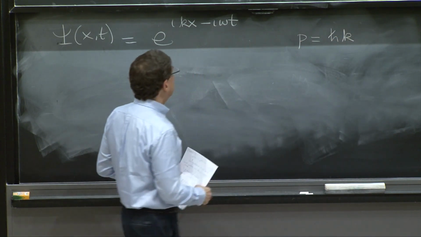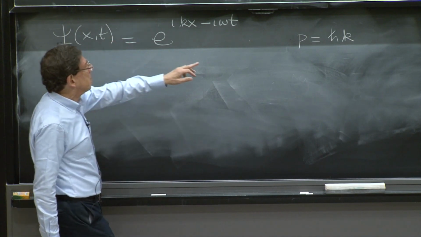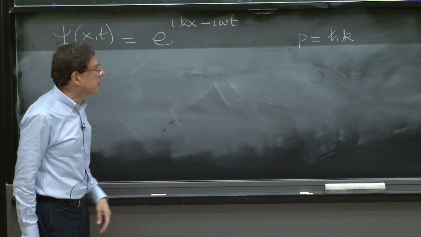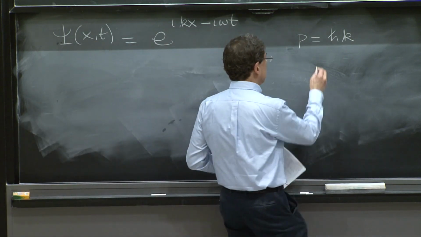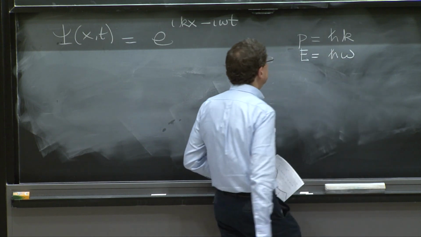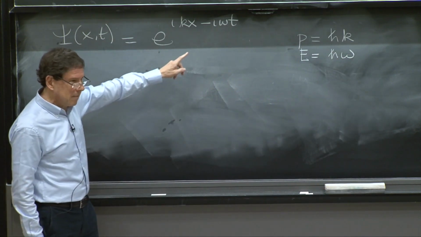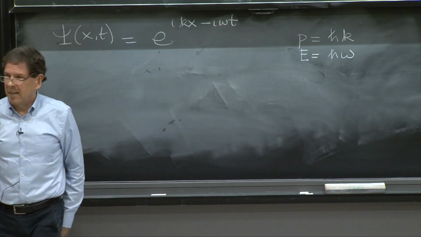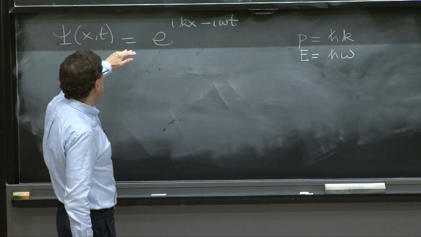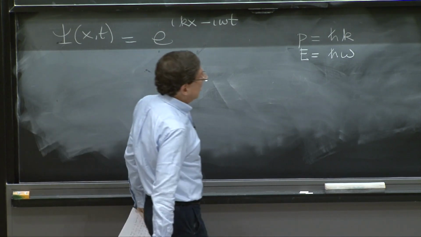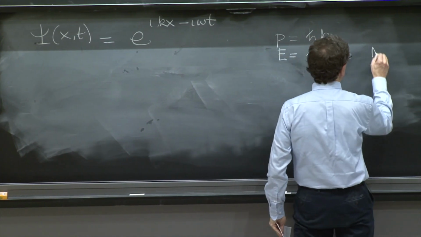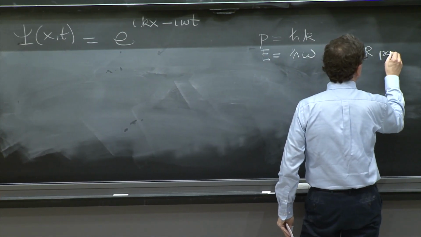So this represents a particle with momentum p, where p is h bar times this number that appears here, the wave number, and with energy E equal to h bar omega, where omega is that number that appears in the time exponential. Nevertheless, we could talk about non-relativistic particles.